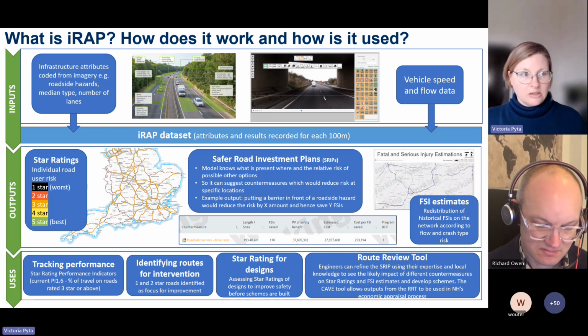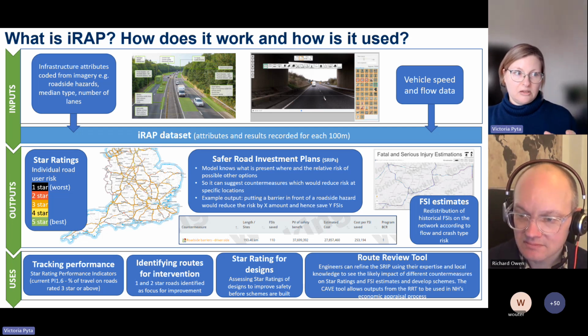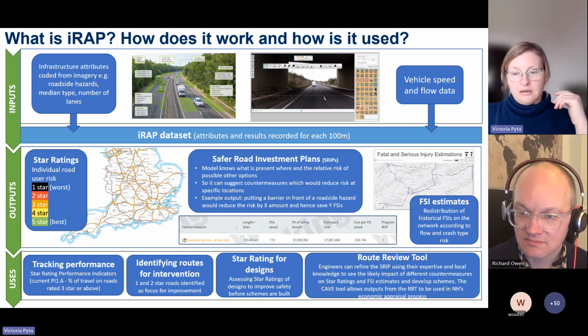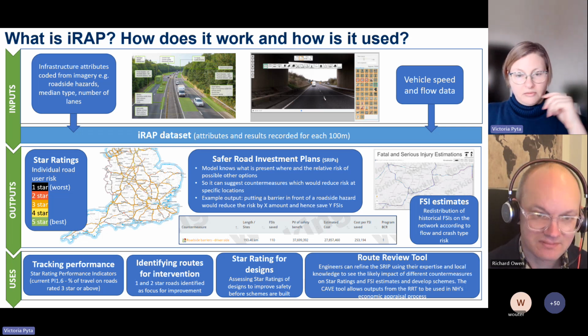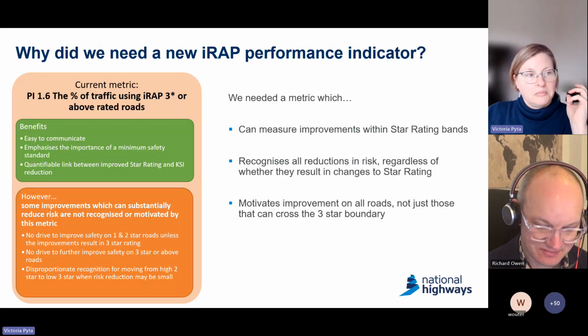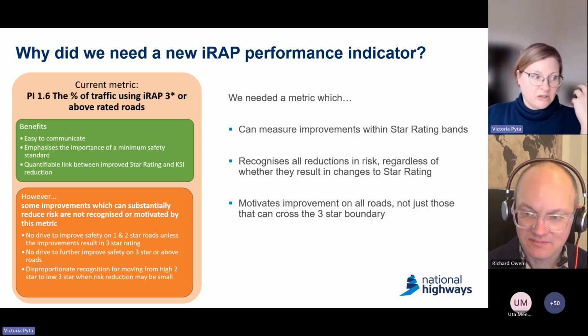So why did we need a new performance indicator? We had the 3-star or above. So essentially the existing metric was the percentage of traffic traveling on roads that are rated 3 stars or greater. There's some benefits to that. I don't know whether you consider it a benefit or not, but it is a standard-ish metric.